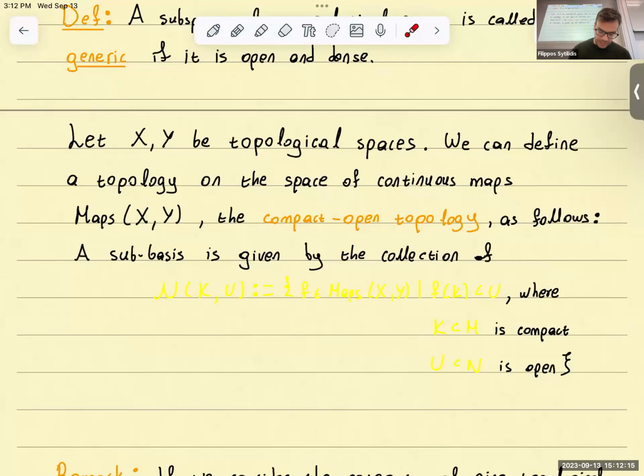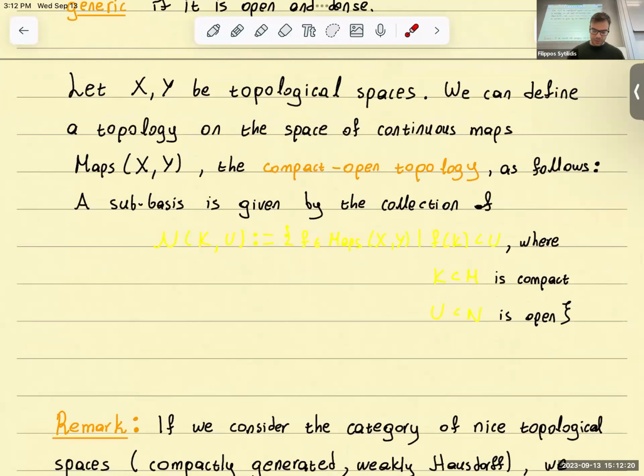Well, the first one that maybe one sees is the compact open topology. How is that defined?